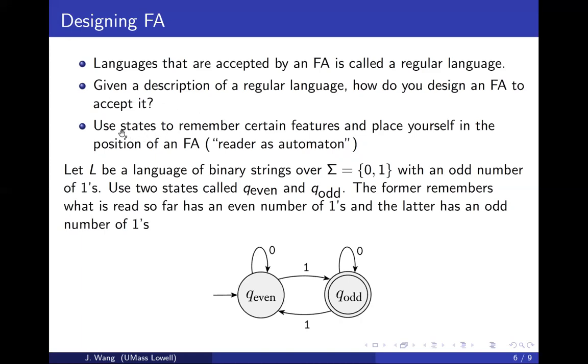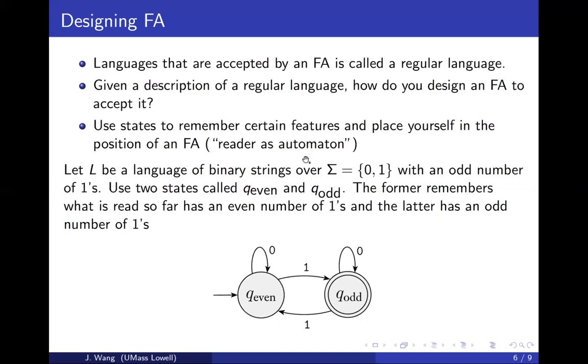Of course, as we saw earlier, a state can be used to memorize something or certain features. So the design technique is to use states to memorize certain features and think of yourself as an FA. Place yourself in the position of an FA.